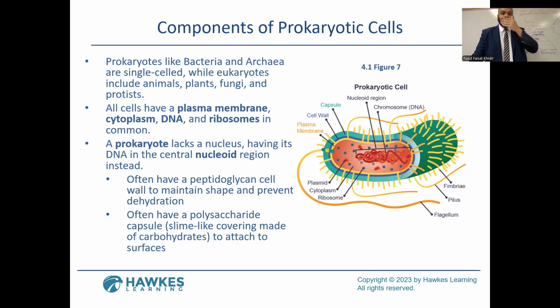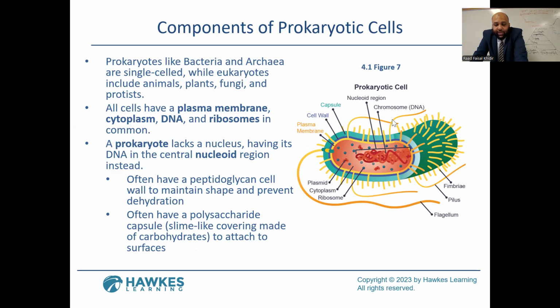So a prokaryote lacks a nucleus, having its DNA in the central nucleoid region. It often has a peptidoglycan cell wall to maintain shape and prevent dehydration.